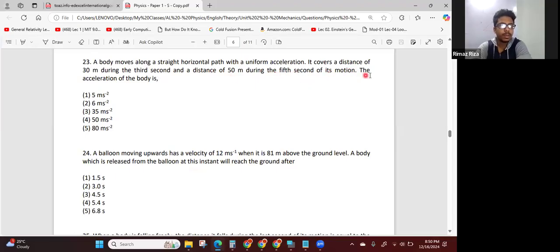The acceleration of the body is... So here it says it covers a distance of 30 meters during the third second, and a distance of 50 meters during the fifth second of motion, and you have to find the acceleration.